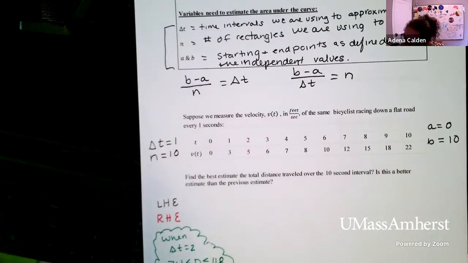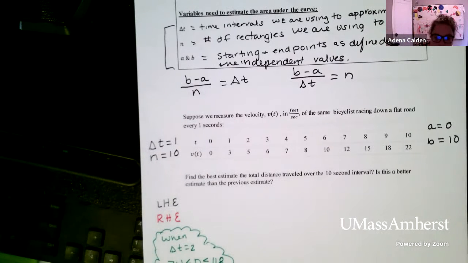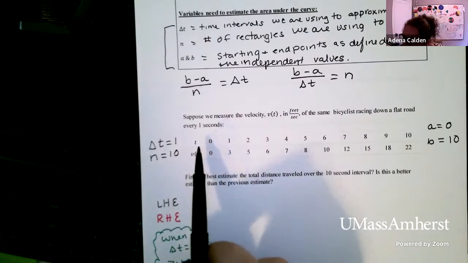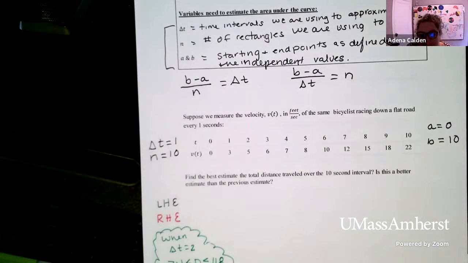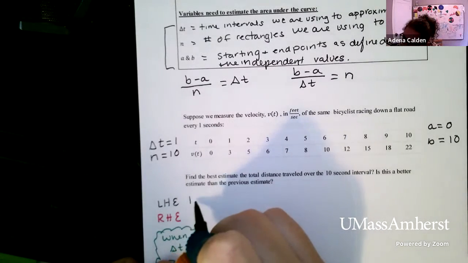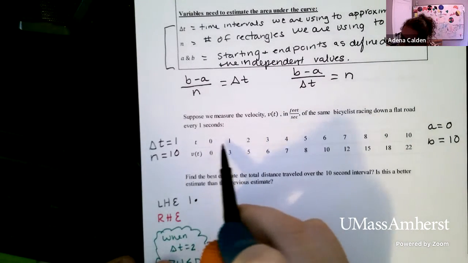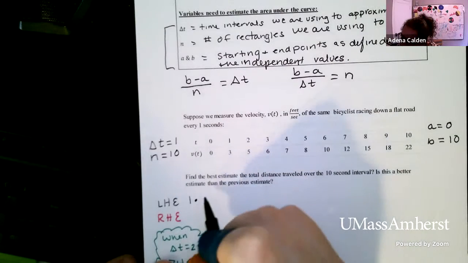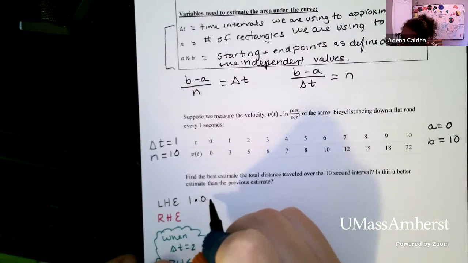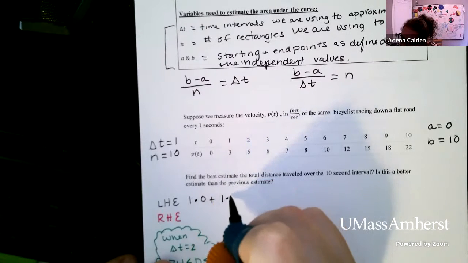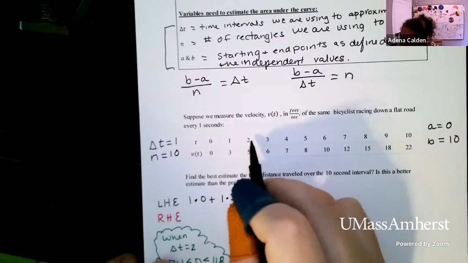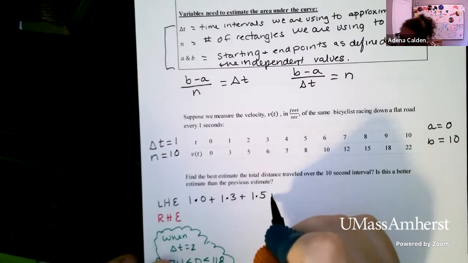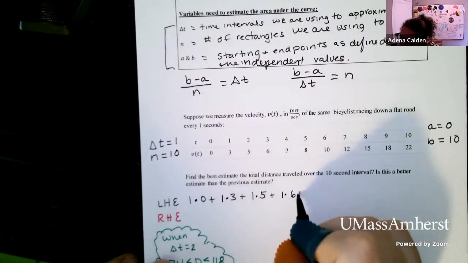Okay, so when we do our left-hand estimate, we are now looking at 1 second intervals. Our delta t here is 1, which means that every single rate is being multiplied by 1. So we have 1 times, for the first 1 second, we're assuming the rate on the left, which is 0. From time 1 to time 2, we assume the rate on the left, which is 3. And then we keep going down the table like that.